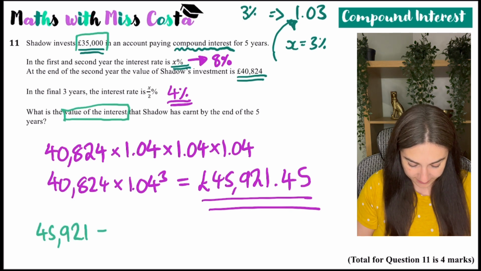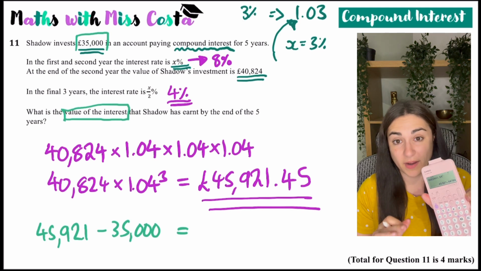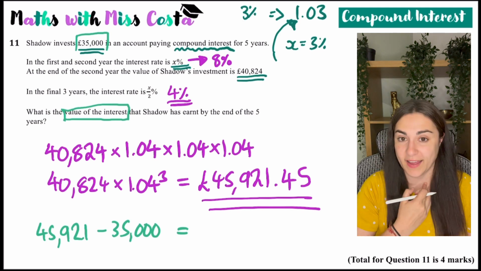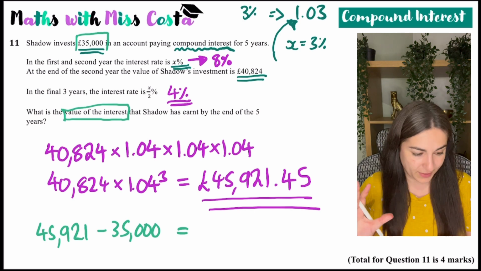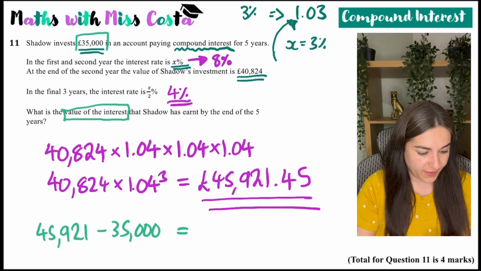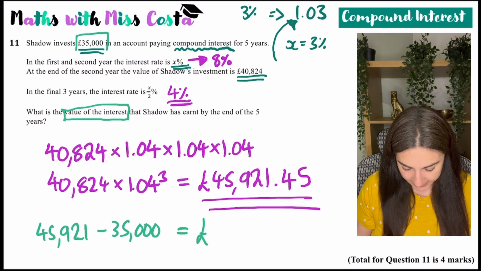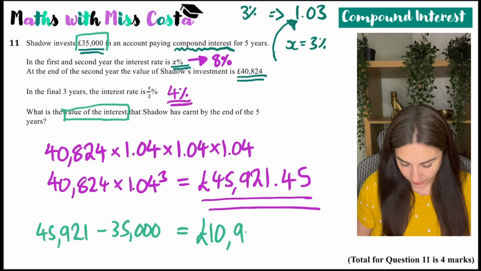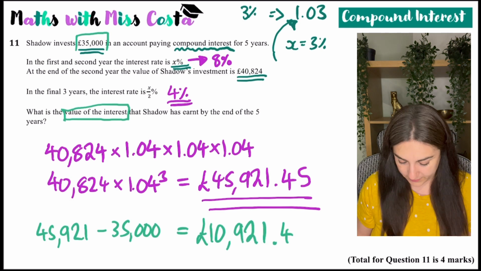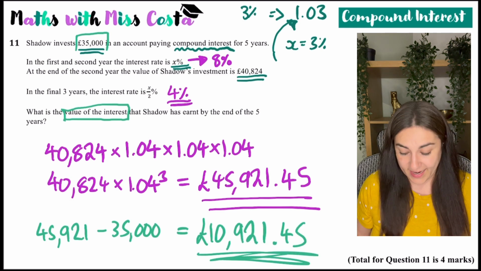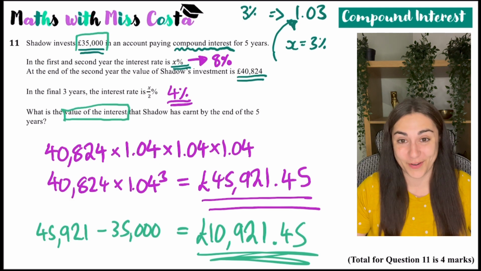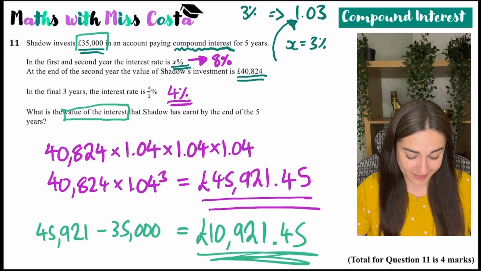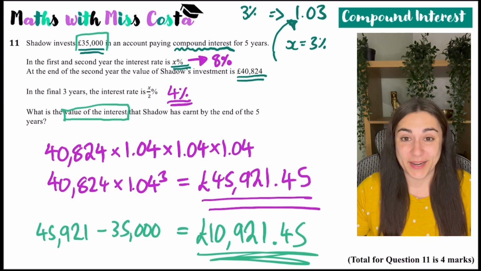So 45,921, take away 35,000. My answer is saved, so I'm not just entering that, I'm just writing it so that I'm not wasting time, even though I just wasted time telling you. Anyway, answer, take away 35,000, gives me £10,921.45. And that is an excellent interest rate if you can ever find any bank account giving you 8%. Easy way to make great money.